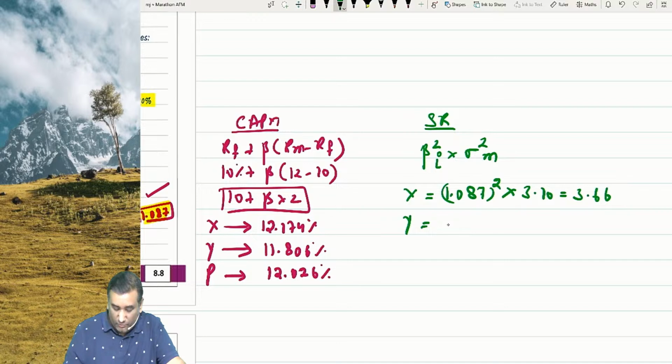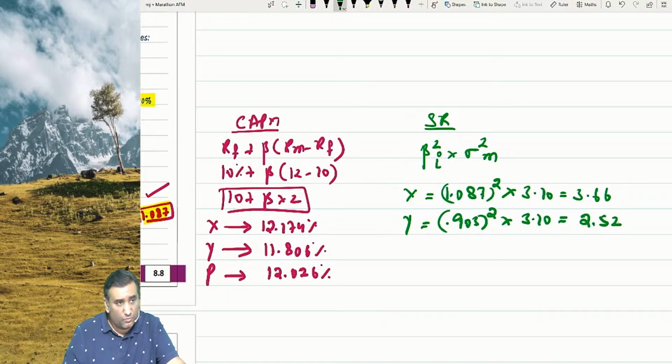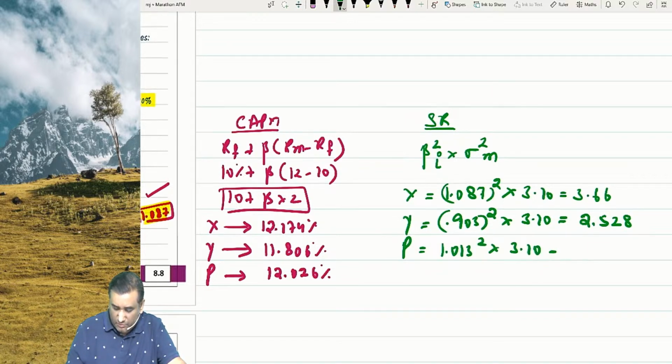For Y, what was the beta? 0.90 square into 3.10, gives 2.52. Then portfolio beta was 1.013 square into 3.10, gives 3.18.